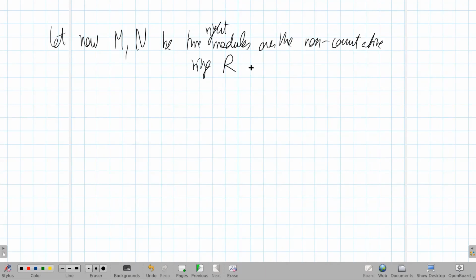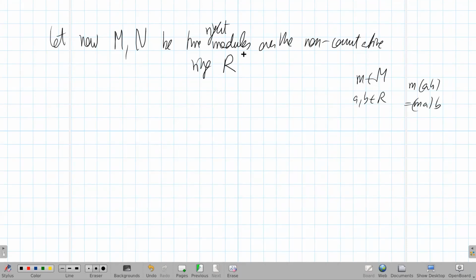Recall the difference between a right and left module, we'll see the detail, is that right module means you have an element of the module, you have two elements of the ring, and right means that when you apply a, b to m, it is a which acts first and then b second, okay? If the opposite happens, then you have a left module, okay? We'll see more details in a second.